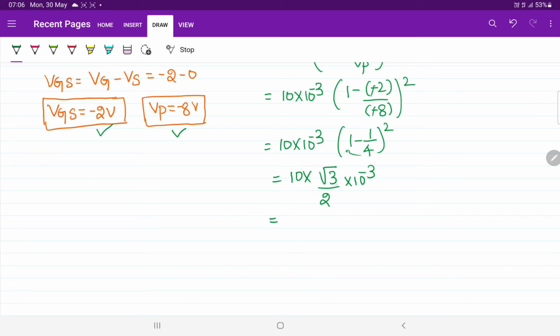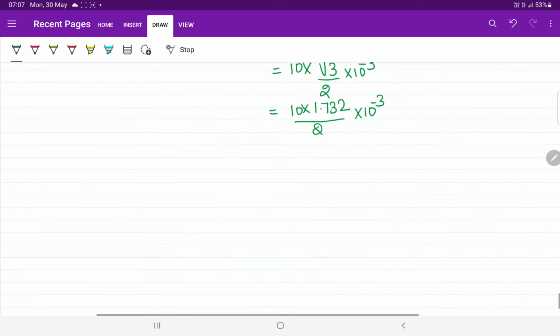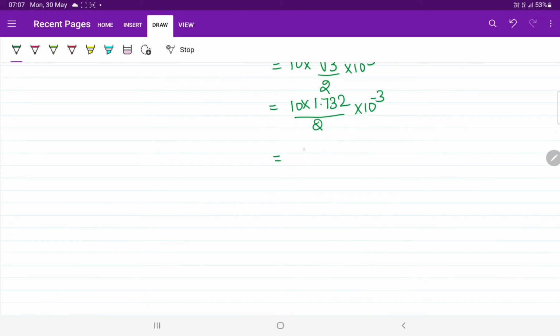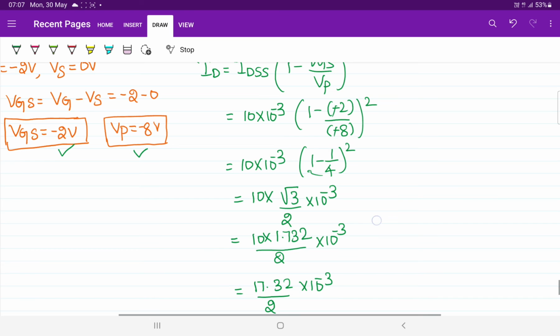That is 1.732. So it will be 10 into 1.732 by 2 into 10 power minus 3. What is the finalized answer? It will be 17.32 into 10 power minus 3 by 2. Yes or no? I hope you all understood what I am trying to conclude from here.